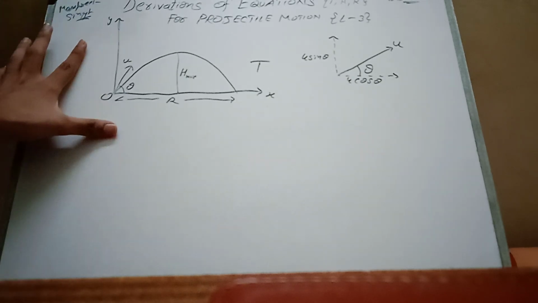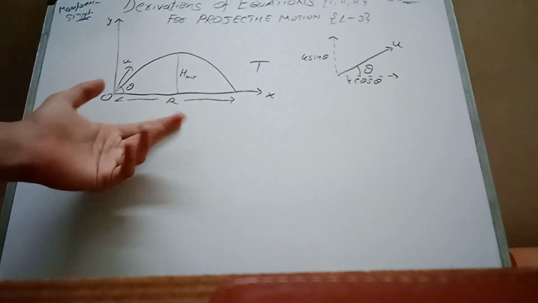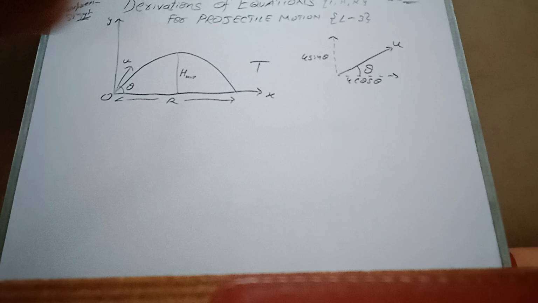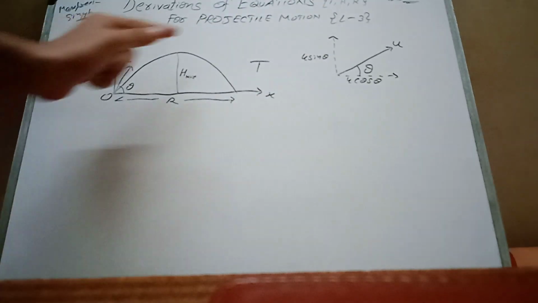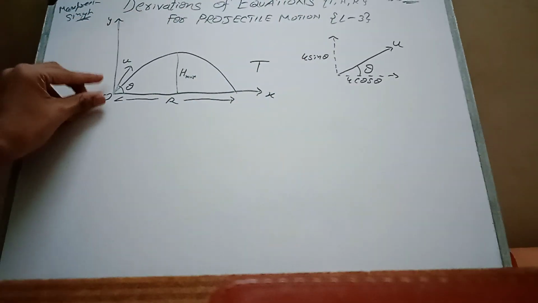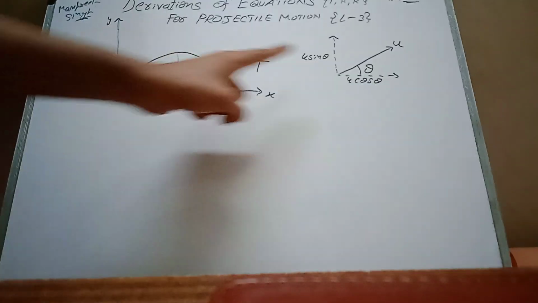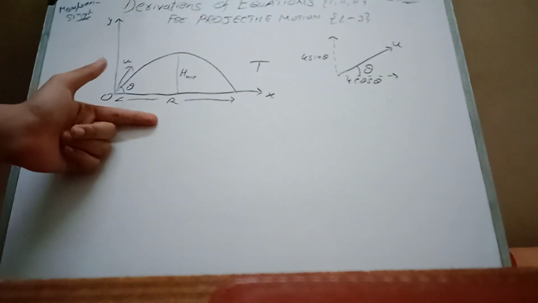This is the parabolic path which the projectile takes: y-axis, x-axis, range, height and the total time of flight. And these are the initial velocity components. I have magnified this portion. This is the initial velocity, and the angle is theta with the horizontal.